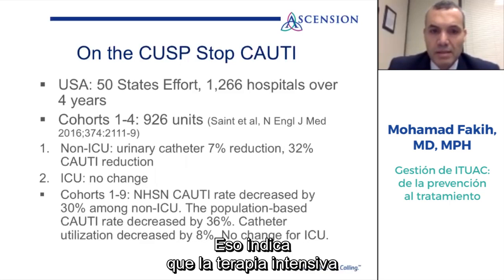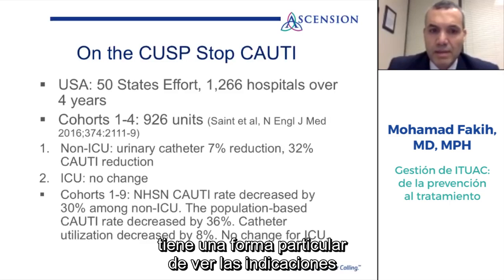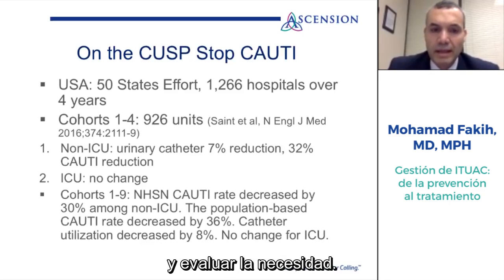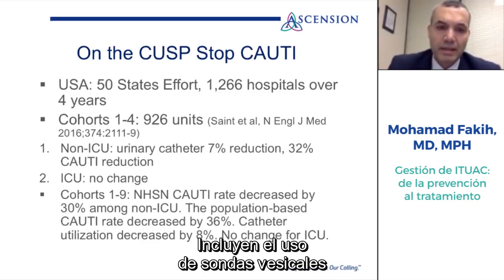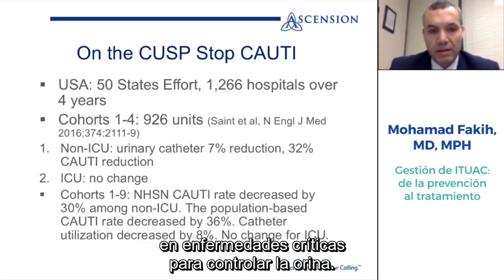That tells us that the intensive care unit is quite special in the way they look at the indications and whether the need is there or not. It's much tougher, because the CDC indications include the use of urinary catheters in the critically ill, if you need to monitor urine.